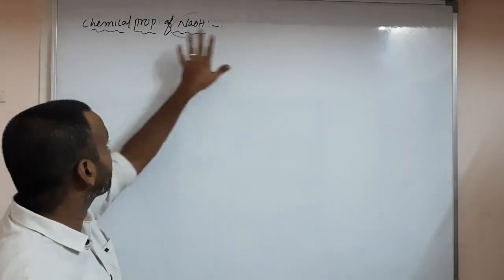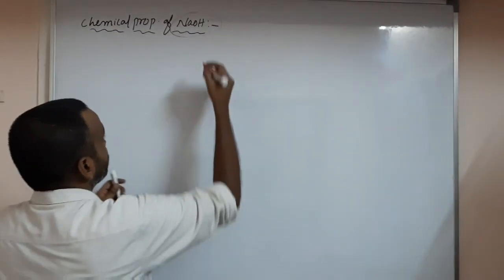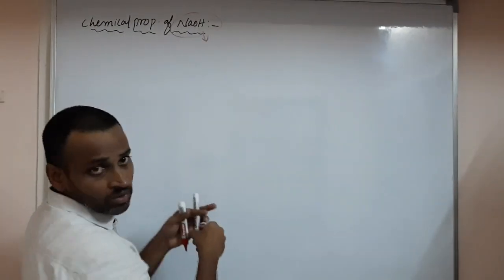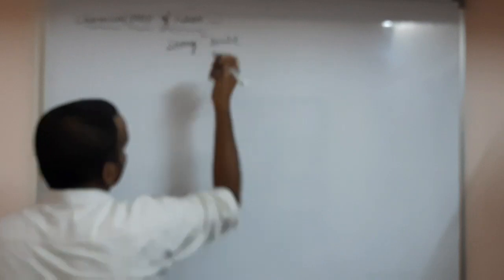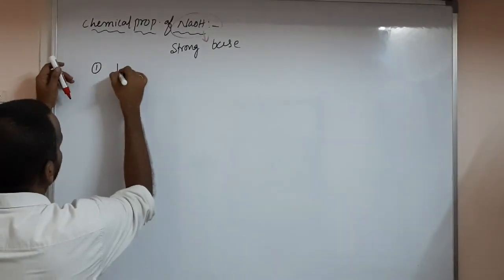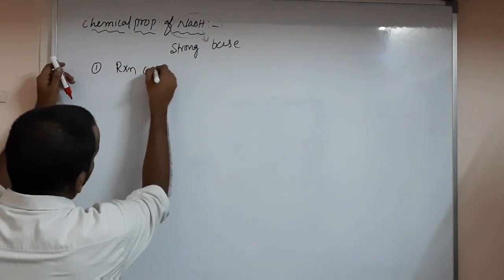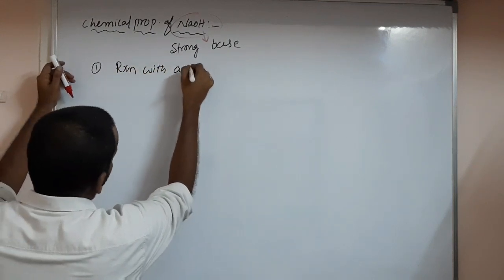Now come to chemical properties. Very simple. As we know, sodium hydroxide is a very strong base, so it can easily react with acids. First is that simple one, reaction with acids.